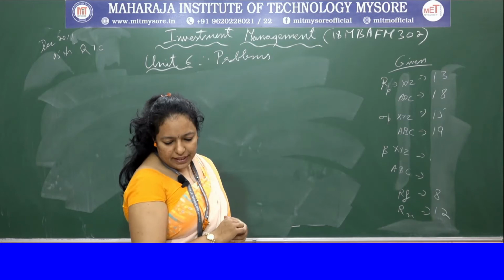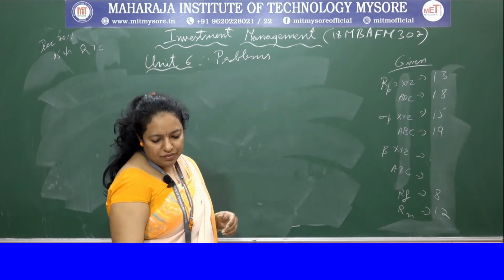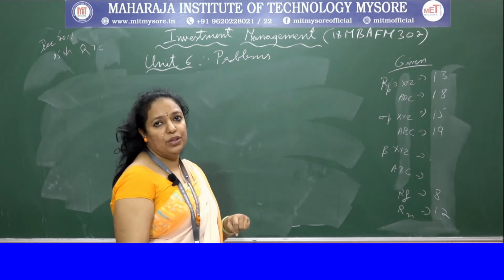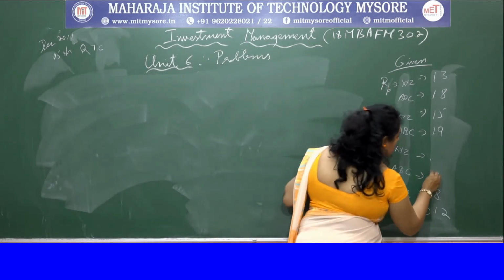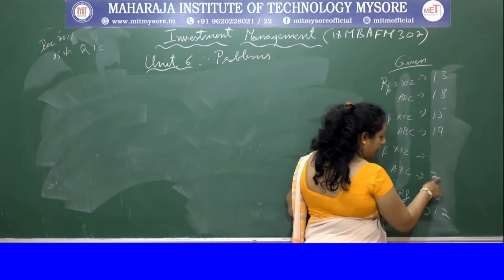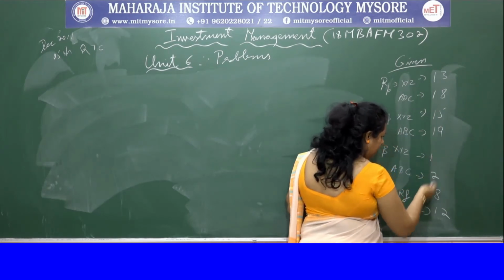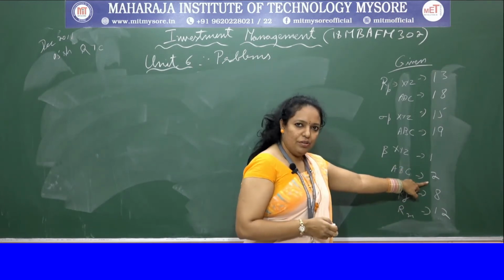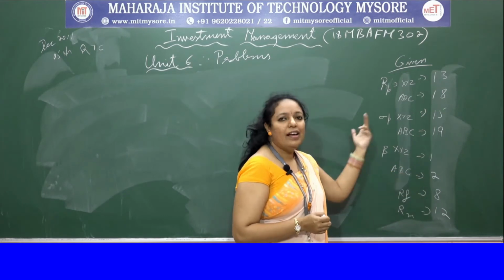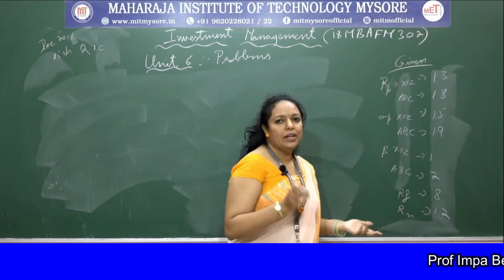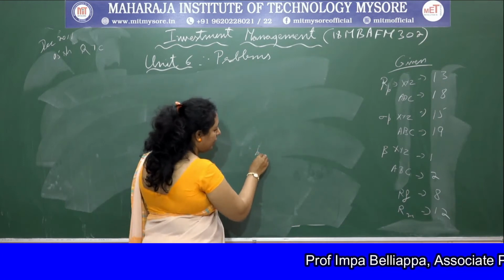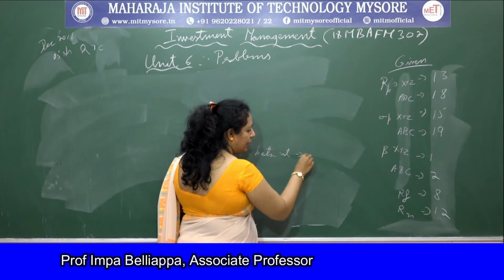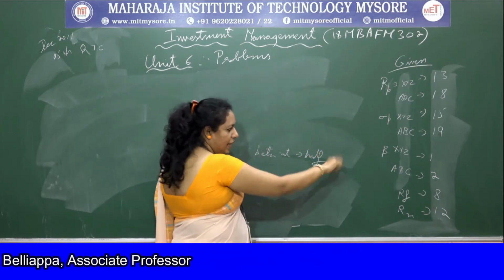Okay, when we come to the beta, they are saying that with a riskier fund ABC having double the beta at 2. So ABC has 2 as the beta, and XYZ has got half of it. There are two terms when we use: beta at and beta by. So when we use double the beta at 2, it means half should be for the other.